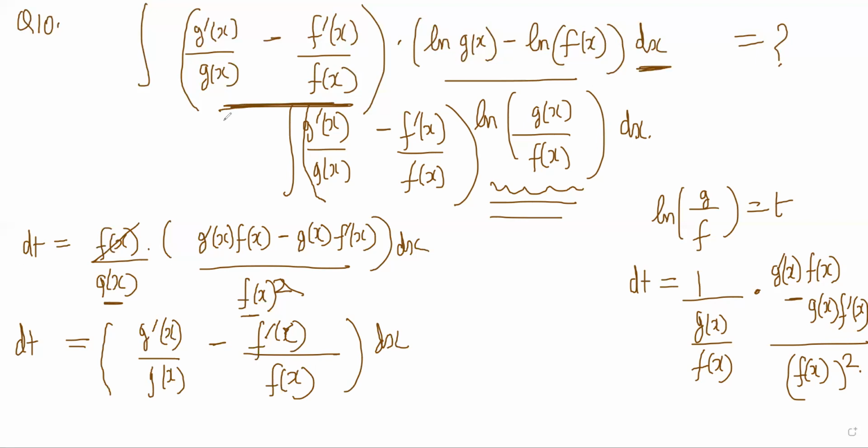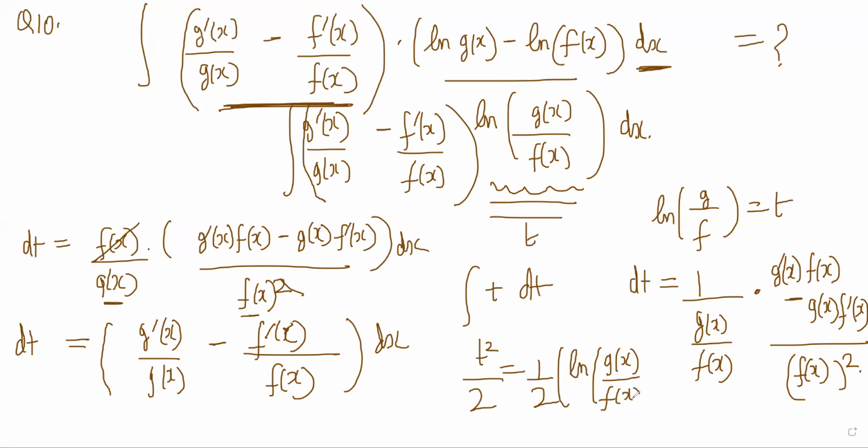This is basically becoming your dt. So what you are getting is integral of t dt, which will become t square by 2. So it will be half ln (g of x by f of x) whole square. That comes out as your answer for this one.